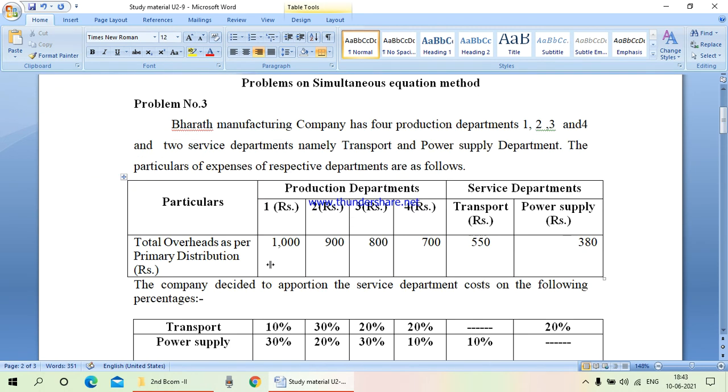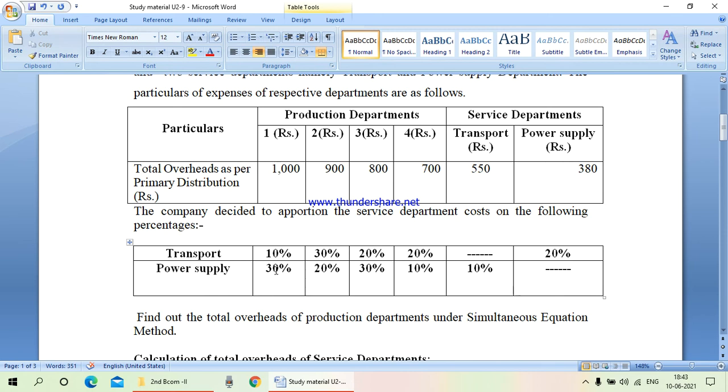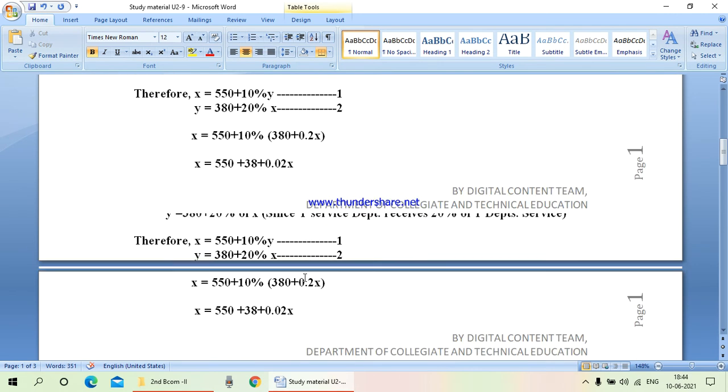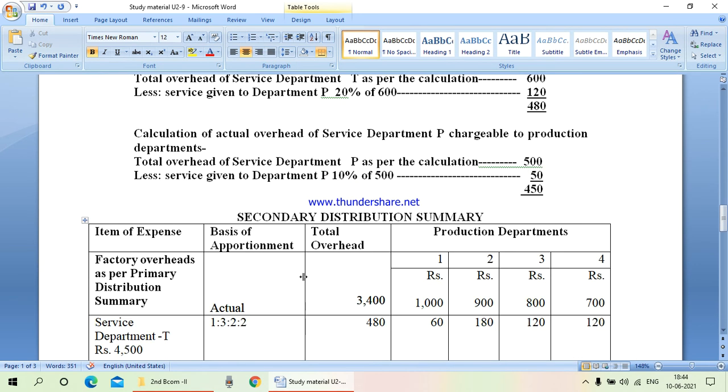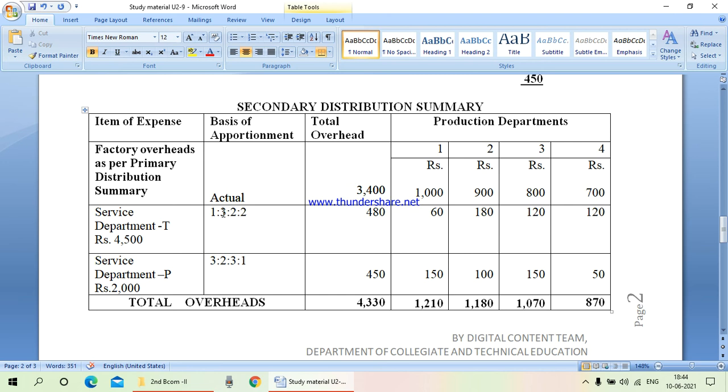Here, the ratio of service given to the production departments is 1 is to 3 is to 2 is to 2. Total is 480. When 480 is divided among the production departments in this ratio, it is 60 to 1, 180 to 2, 120 to 3, 120 to 4 department.